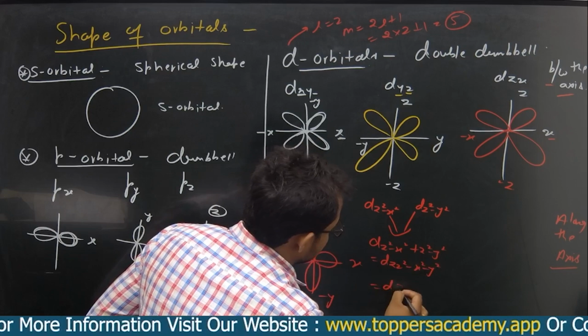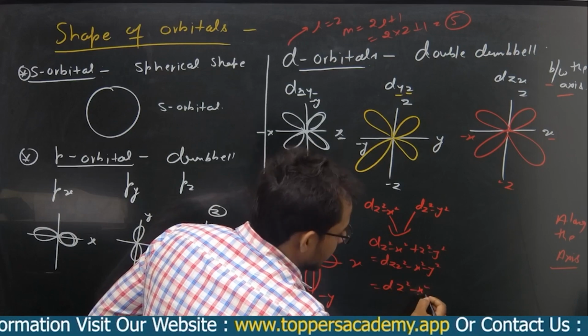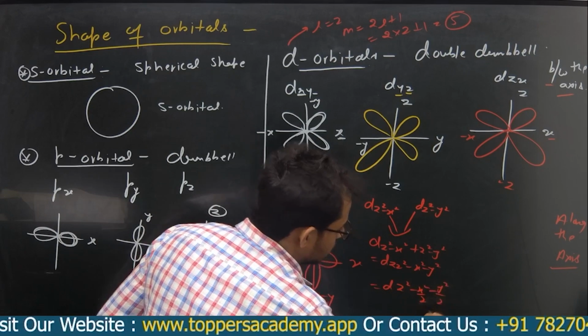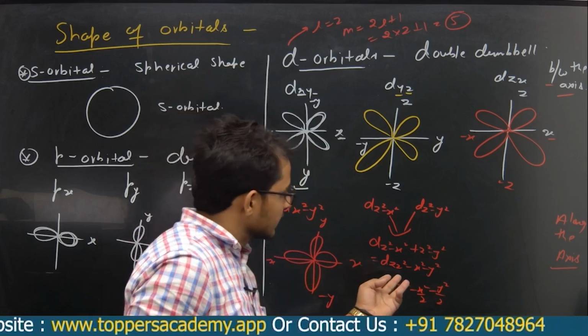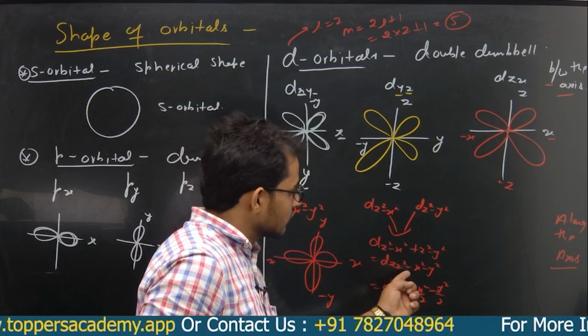I can write it as dz square minus x square by 2 minus y square by 2. I am going to divide by 2 in all these terms of 2z square minus x square minus y square.